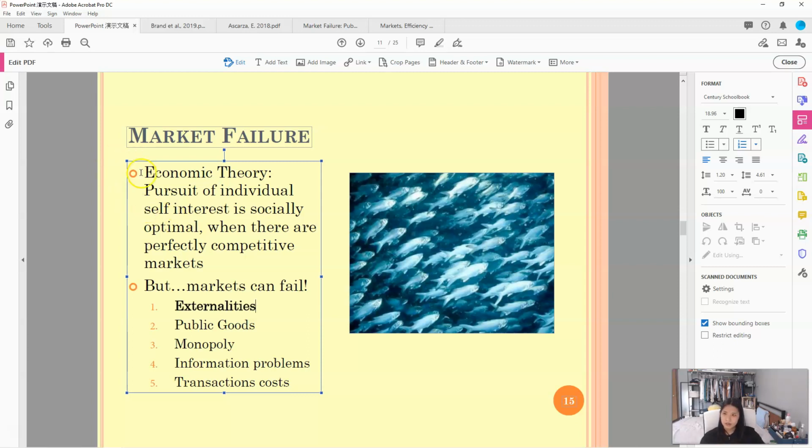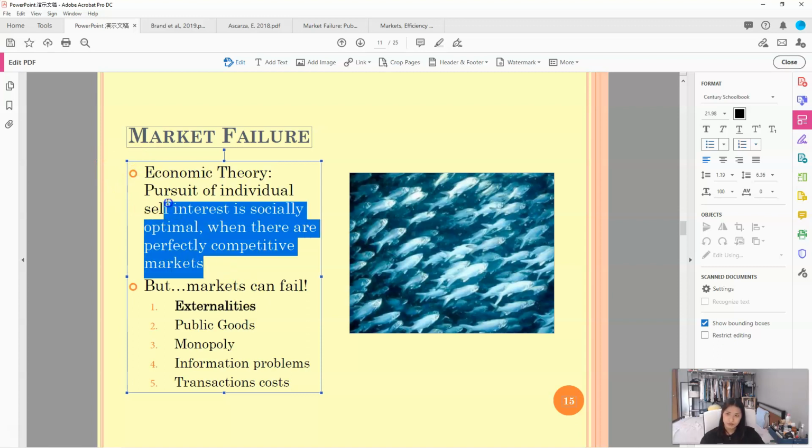From economic theory, the pursuit of individual self-interest is socially optimal when there are perfectly competitive markets. But because we have externality, public goods, monopoly firms, information problems, and transaction costs, there are no perfectly competitive markets.